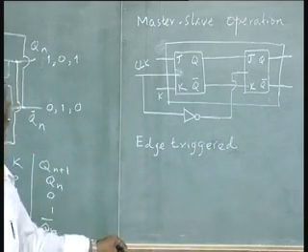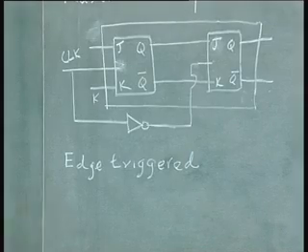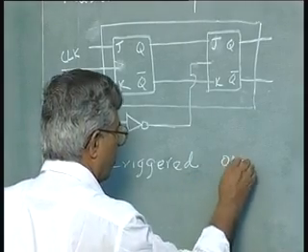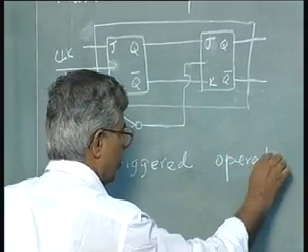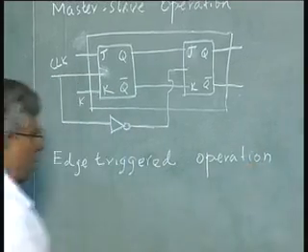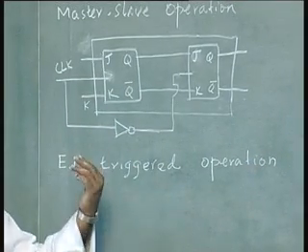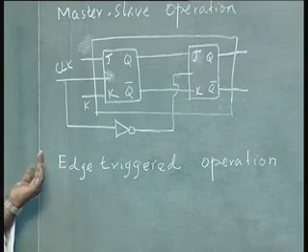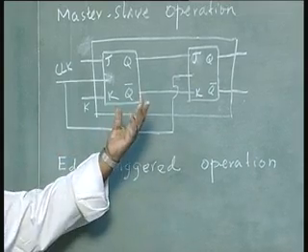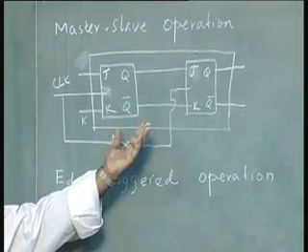Edge trigger flip flops. There is another way of removing this. It is the same condition: I do not want the change in the input to propagate more than once during a clock period.